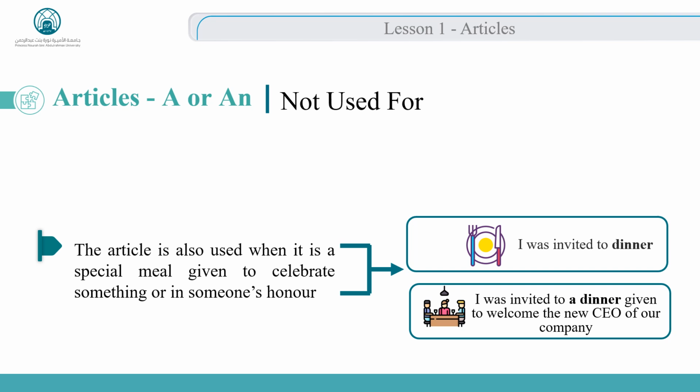We don't use a or an here. But when I say I was invited to a dinner given to welcome the new CEO of our company, here this is a special dinner. It is made in honor of someone, which is the CEO of the company. So here we can use a before the name of the meal.